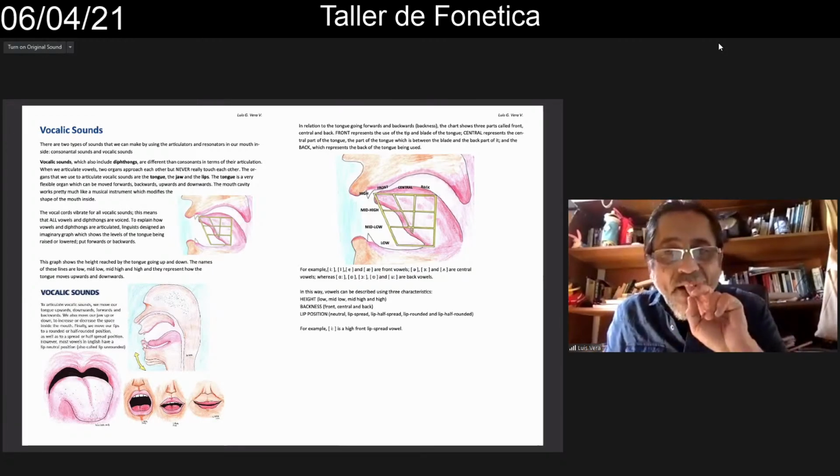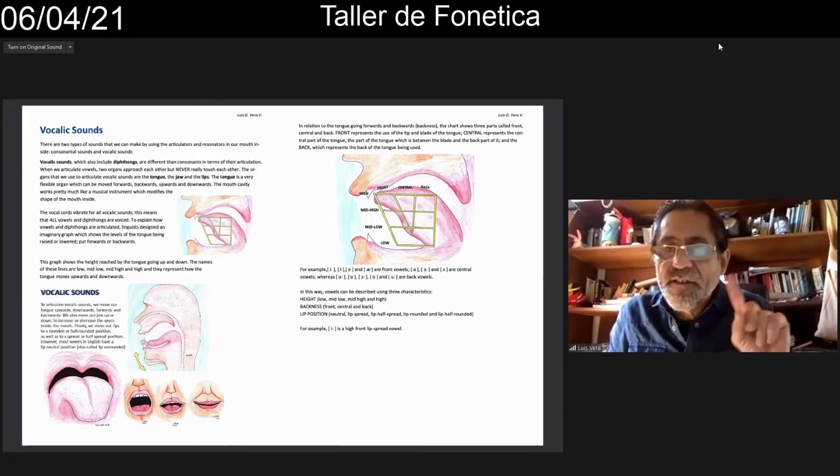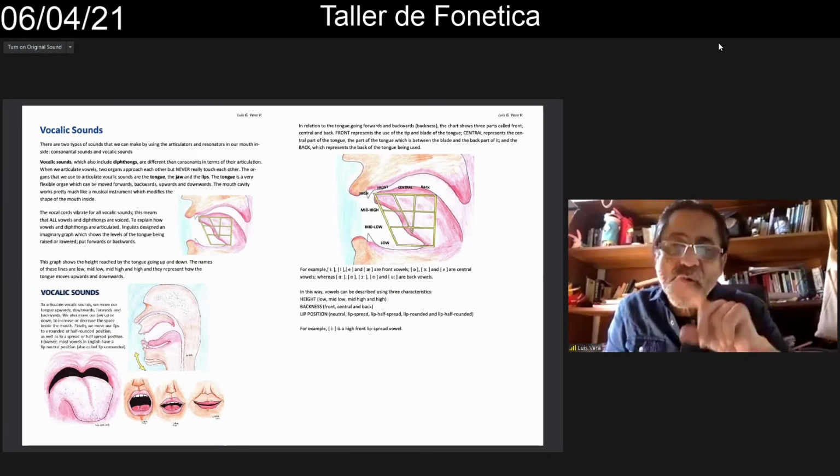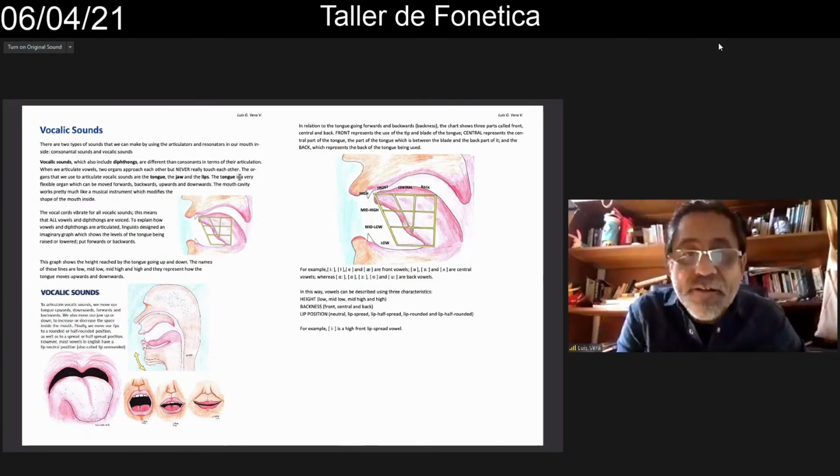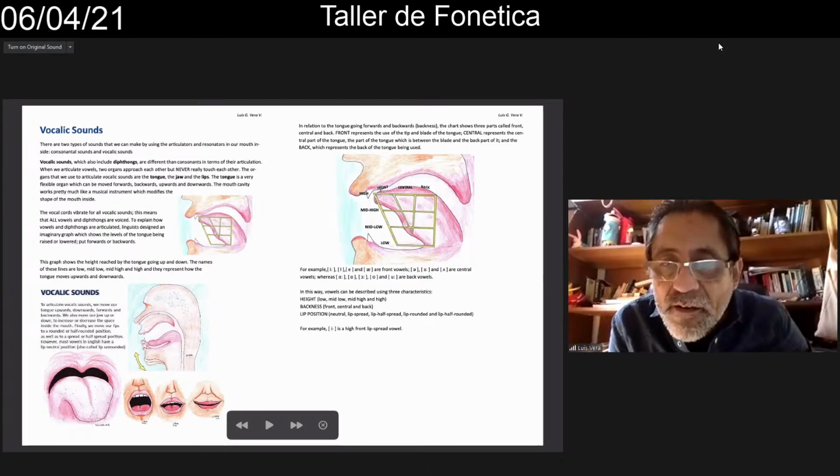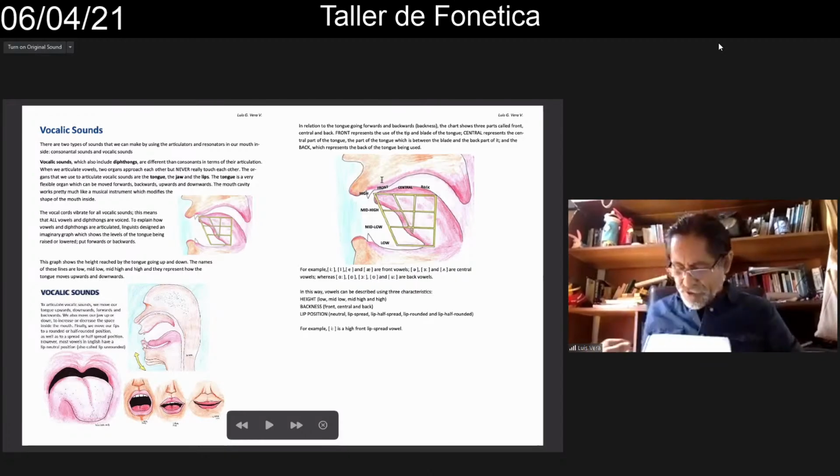What do people call this part? Alveolar ridge, which is the hard flesh protuberance that is right after the teeth, right here. You see the teeth. And then right after the teeth, you have like a little mountain like this, right? This is the alveolar ridge.